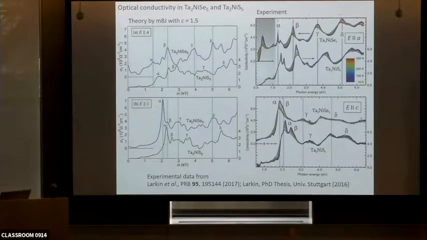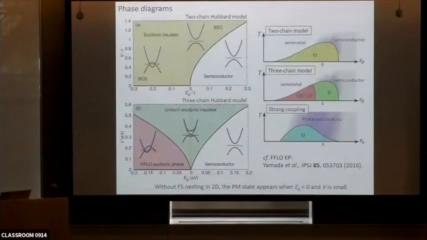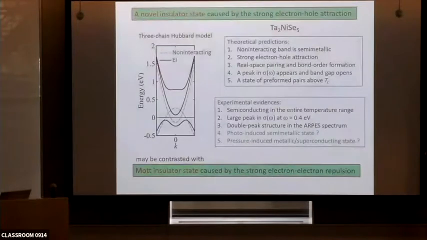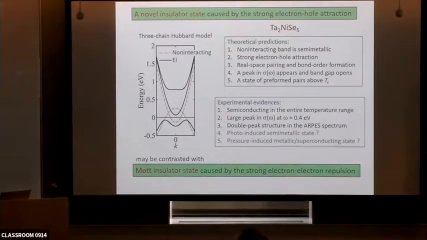You had this one slide where you had your theoretical predictions and then experimental evidences, and I think your point 5 was this preformed pairs above TC. I had the feeling that was one of the concluding things, that somehow this high temperature phase is... We don't comment on this.